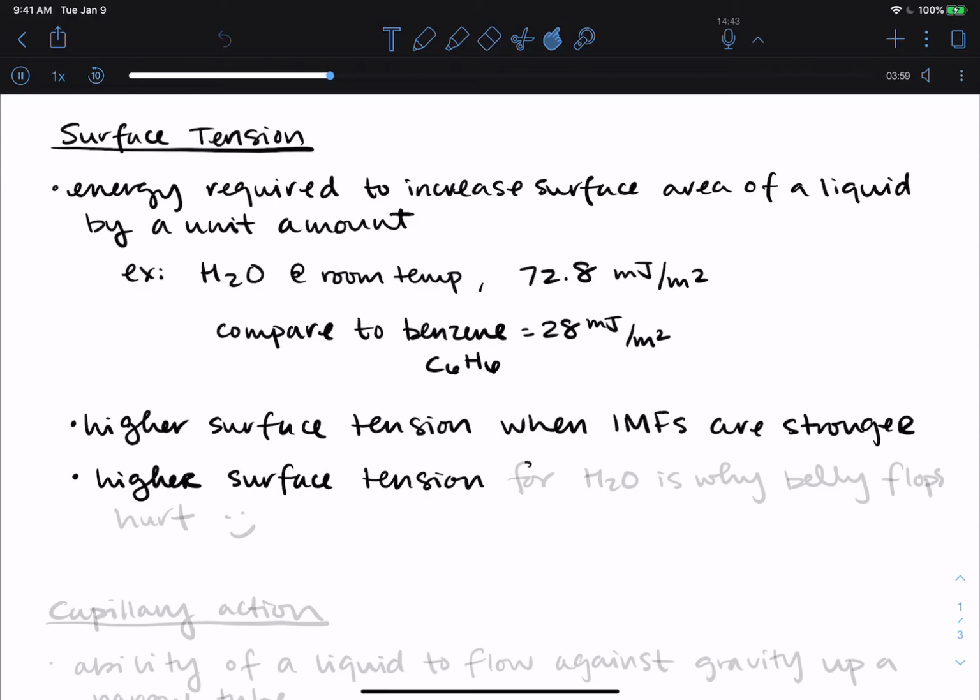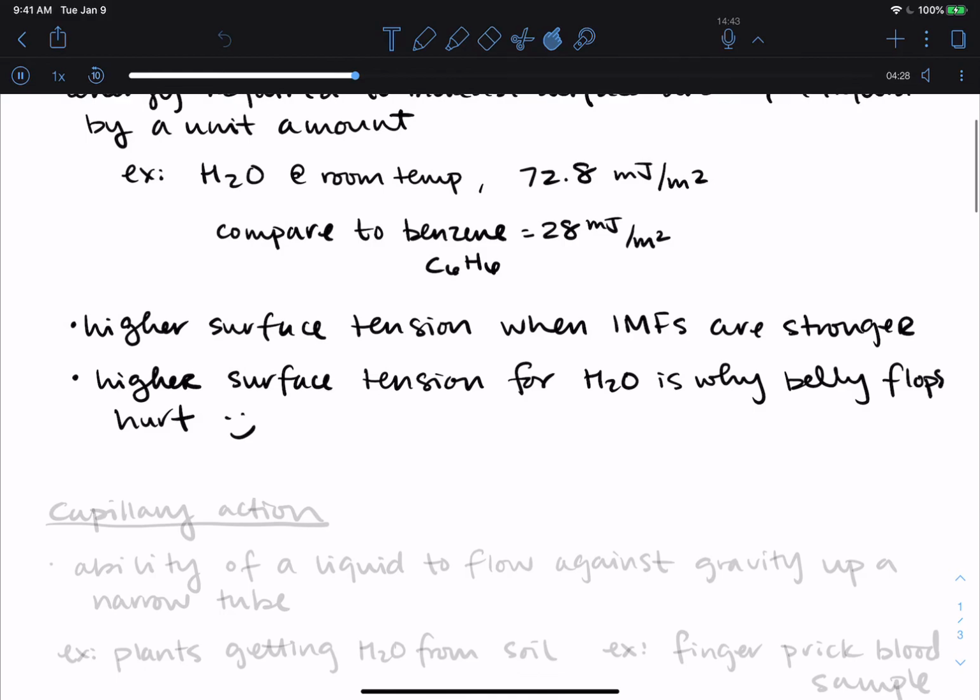That higher surface tension for water is why belly flops hurt. So you hit the water, you have to put in so much energy to push those molecules of water apart that you get a little bit of a slap back.